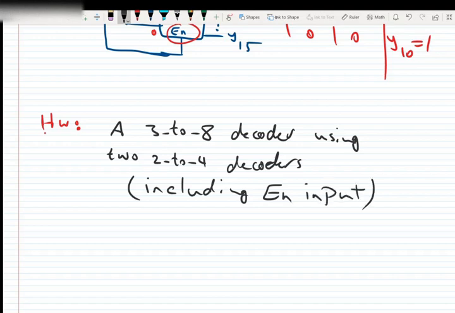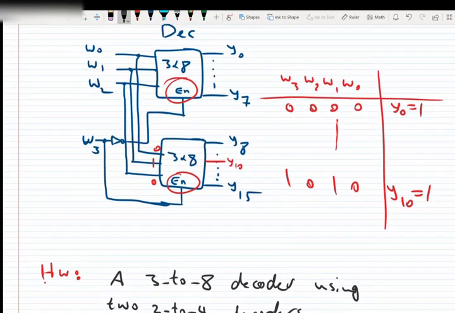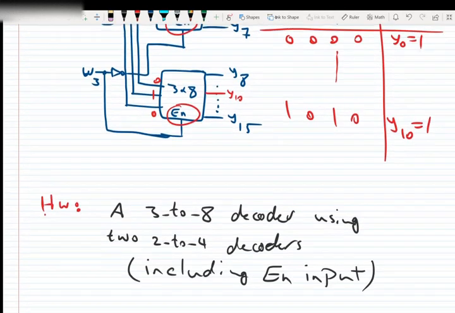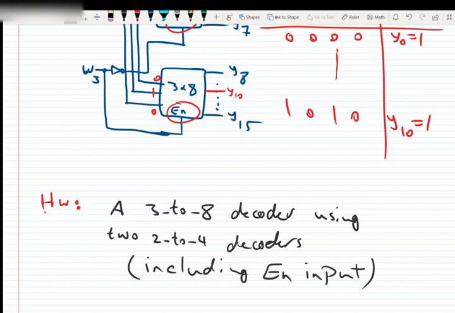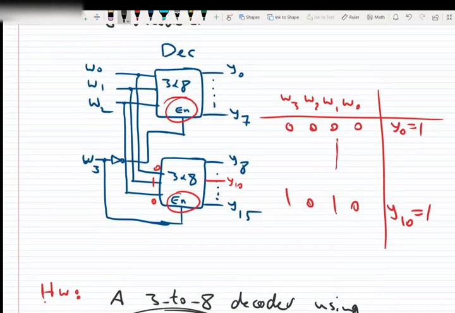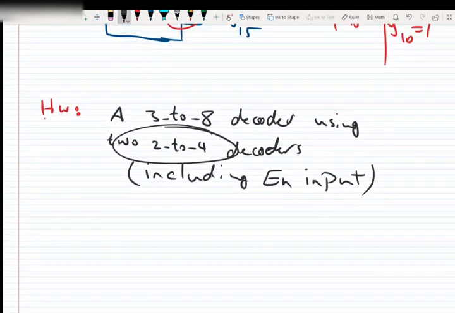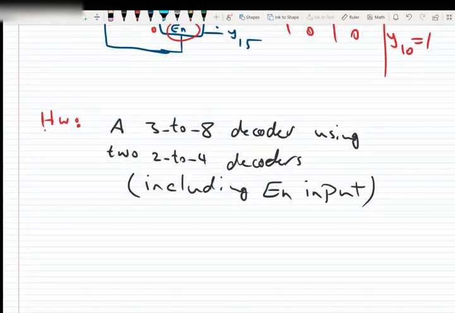First, design this circuit for the mentioned size, which is 3 to 8, using 2 by 4 decoders, which is simple. We already have the solution for another size, so you can simply design this decoder. But the only thing I want you to think about is how you can add an enable input to this circuit.